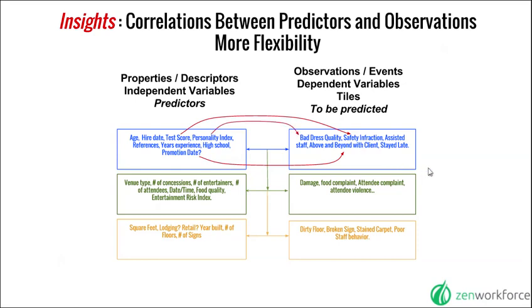Or maybe their personality kind of indicated that they would be coming in with baggy pants falling down to their knees. Or maybe the number of concessions was too much for folks to handle, and it pretty much is a good predictor of a food complaint occurring in the future. So I guess you could see how these are working.